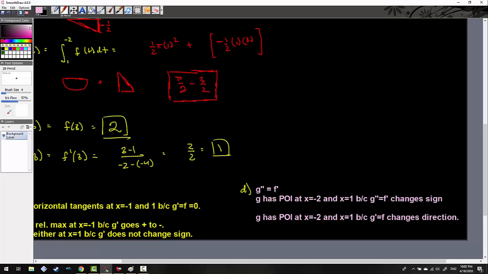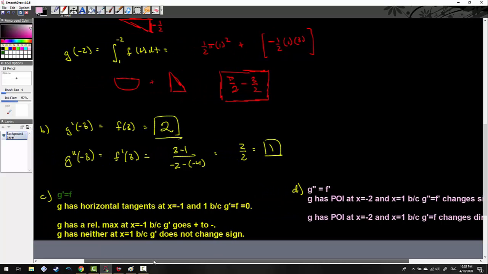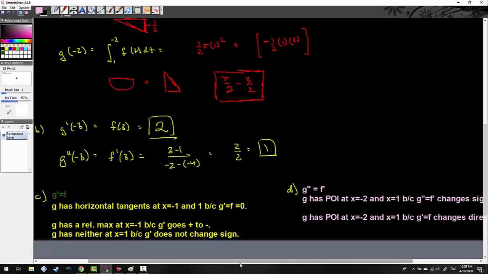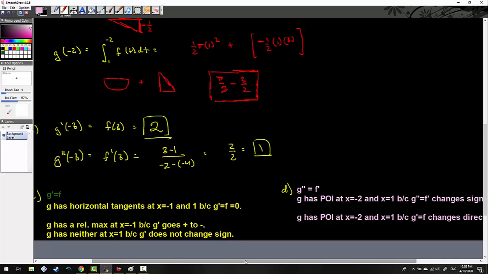It keeps things closer to the graph in question. It's more of a literal explanation, but honestly, they would take either one as long as you had the established relationship laid out. So again, pretty quick and easy FRQ. As always, though, it's easy for me because I've done this a few times. But if you have any questions, please feel free to leave them in the comments section, and we will see you in the next episode.